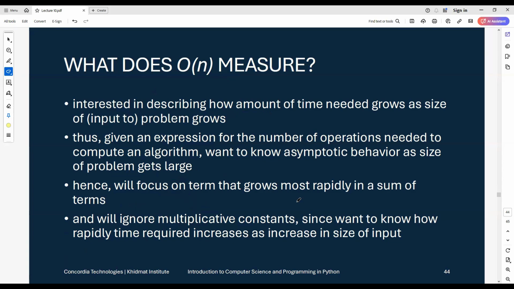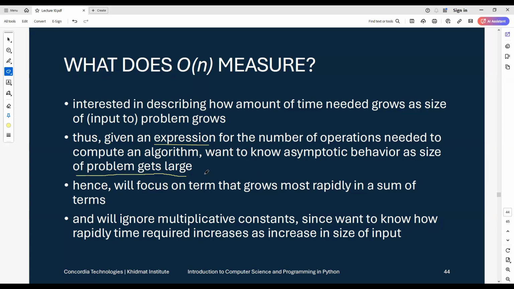This basically is what we are interested in: describing how the algorithm will behave as the size of the input grows. So we want to find a relationship between the complexity or the expression that we have identified for those number of steps, and relate that back to the size of the input that we provided.